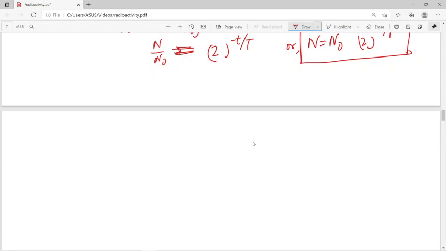If we summarize only the formulas: the activity can be written as minus dN by dt, that is the first one. The second one you can write like that.